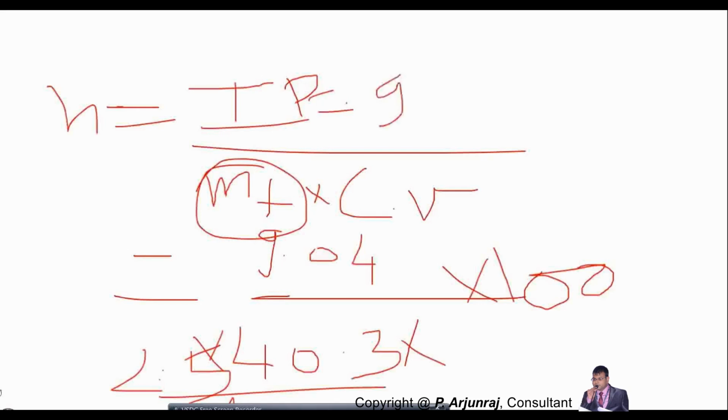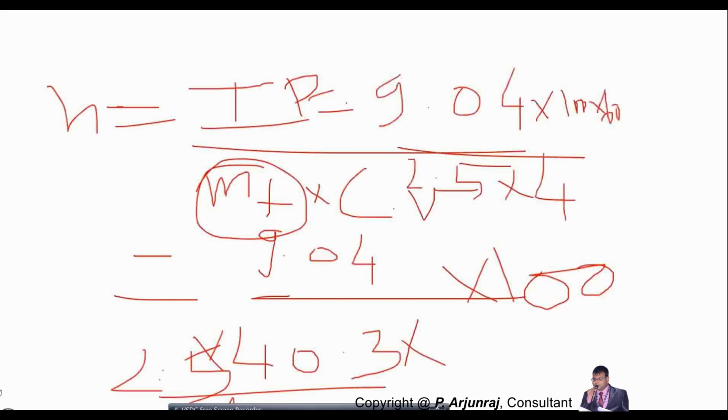So 9.04 will be on top into 100 into 60, divided by 2.5 into 40300. So how much is the percentage now you get?